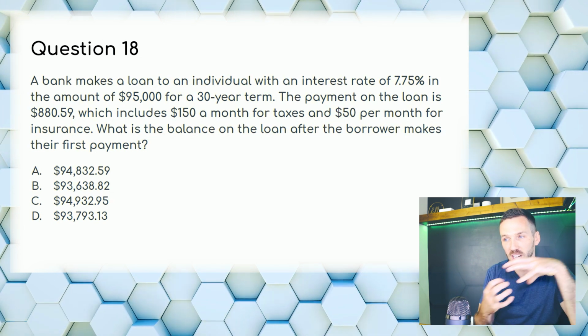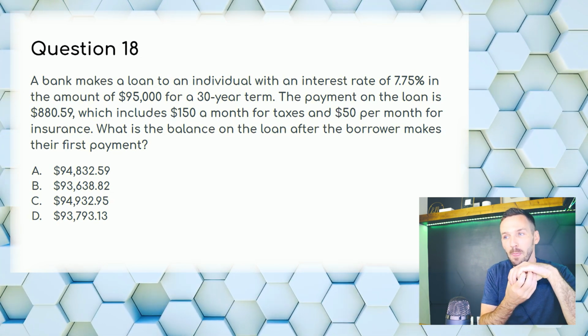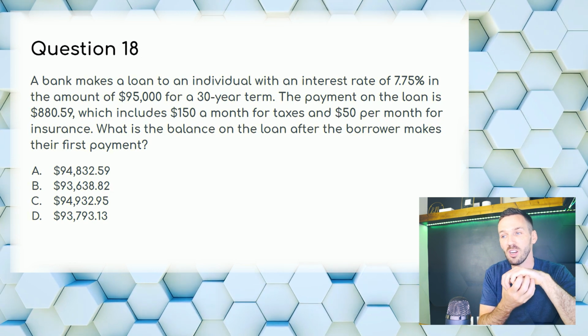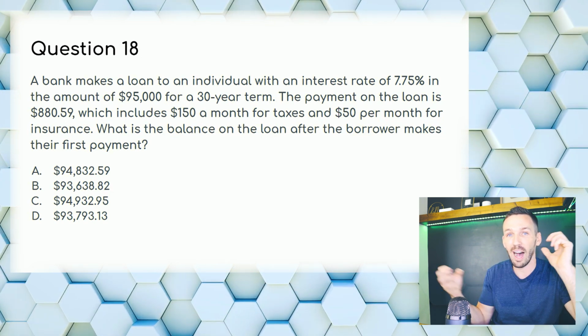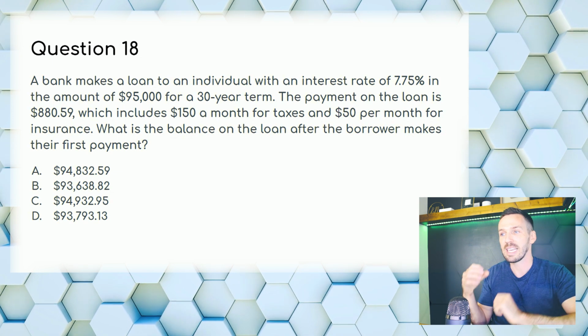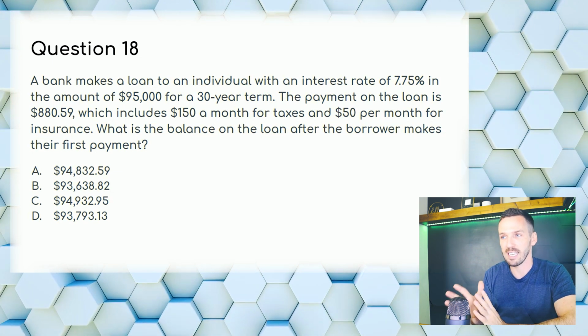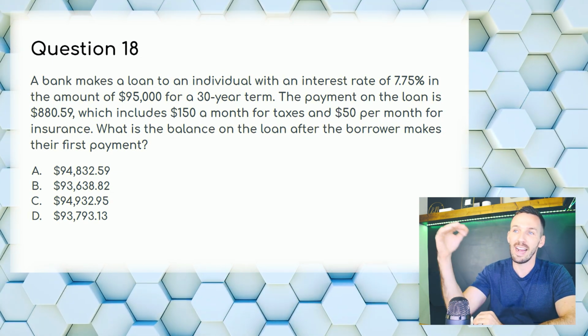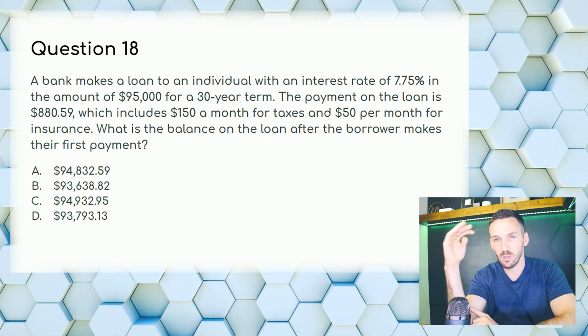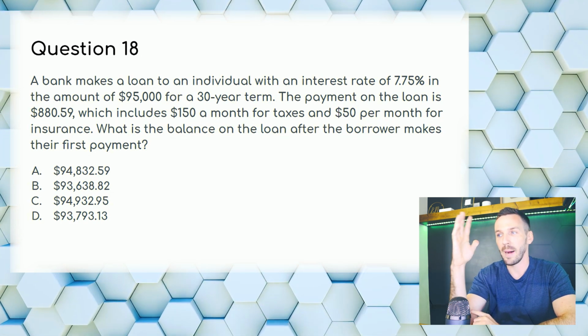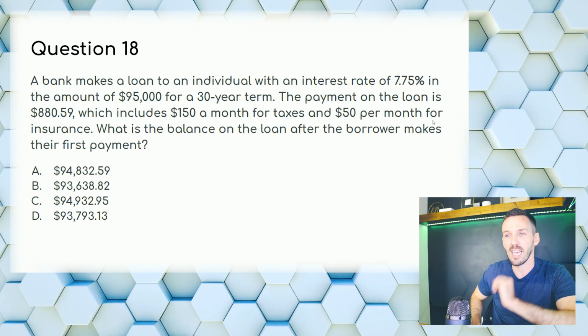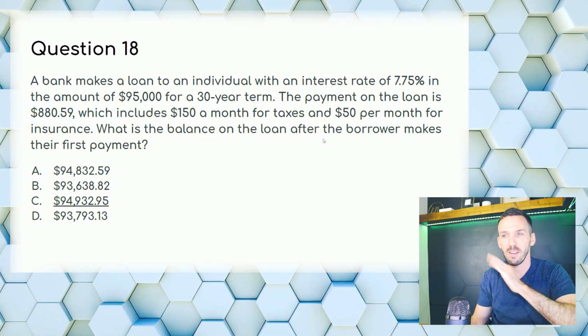Now take that $680.59 of P&I and subtract out the $613.54 of interest, to get $67.05. So $95,000 of initial principal minus $67.05 gives us C, $94,932.95.